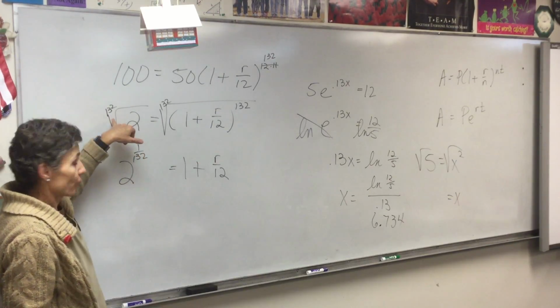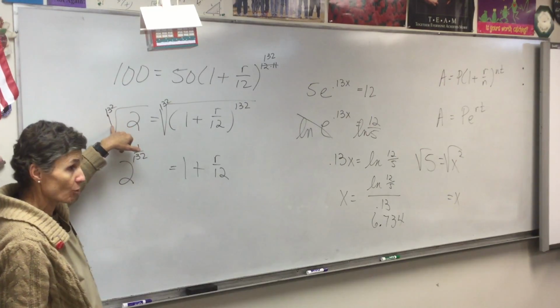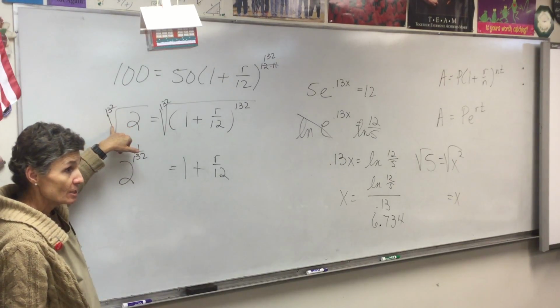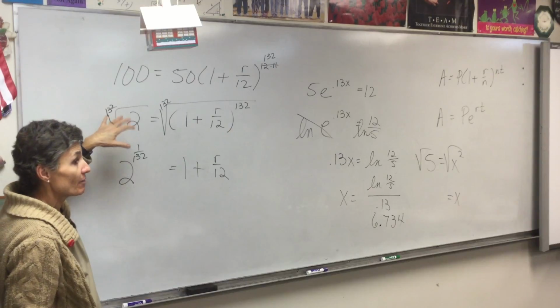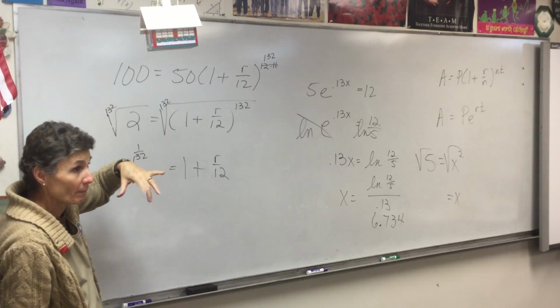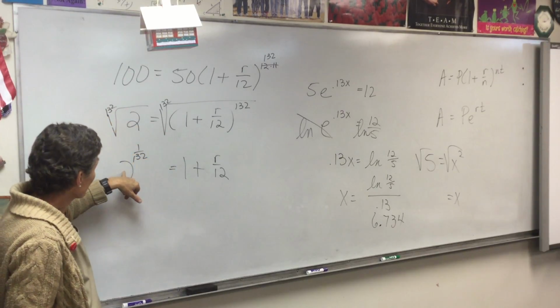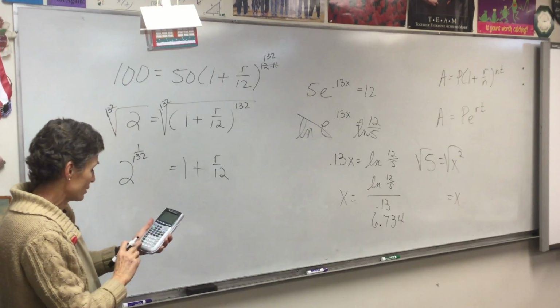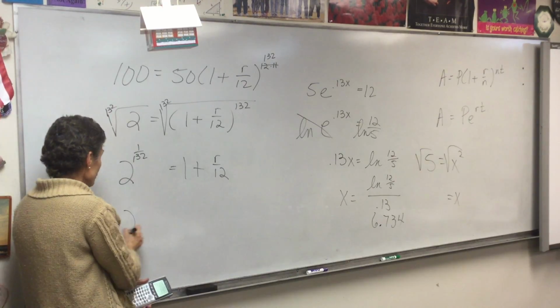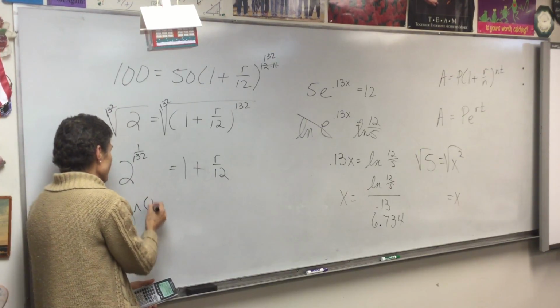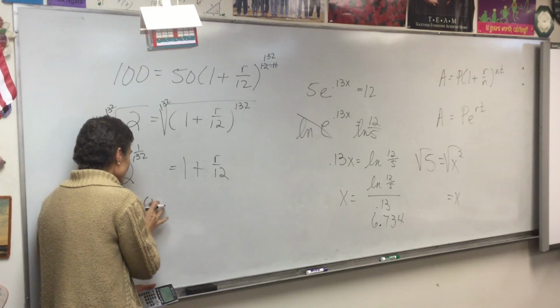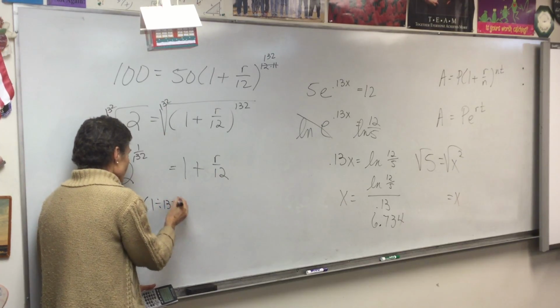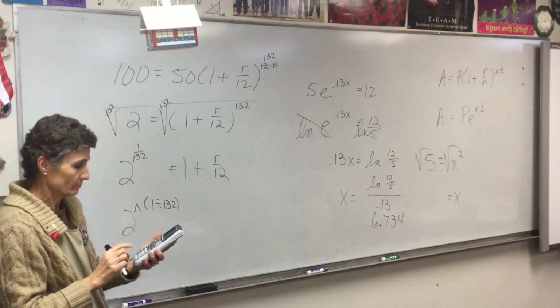Now, fractional exponents are radicals, right? So instead of typing the 132nd root on my calculator, I'm going to raise it to the 1 over 132 power. So 2 raised to the 1 divided by 132 power.